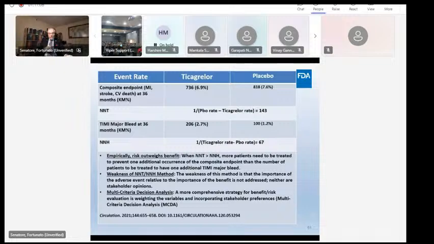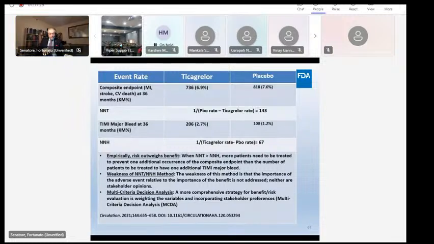What does the patient feel? Some patients would say, I would rather be dead than have a stroke. I don't want to bleed. I don't want to go to a hospital bleeding all the time. I'd rather just have my heart attack. Some people might say that. So you need to take into consideration patient preferences when establishing a bridge algorithm for a benefit-risk evaluation.